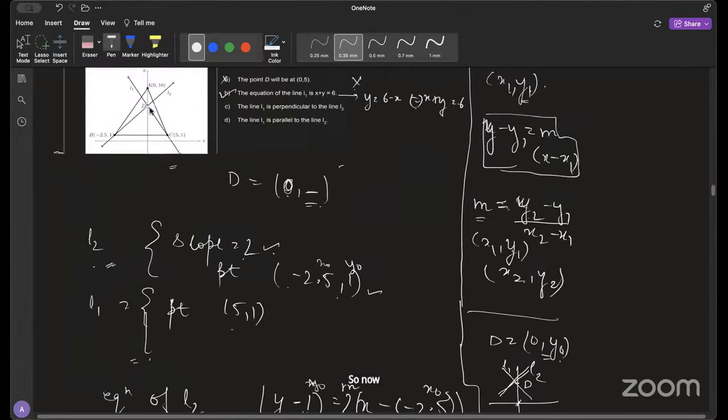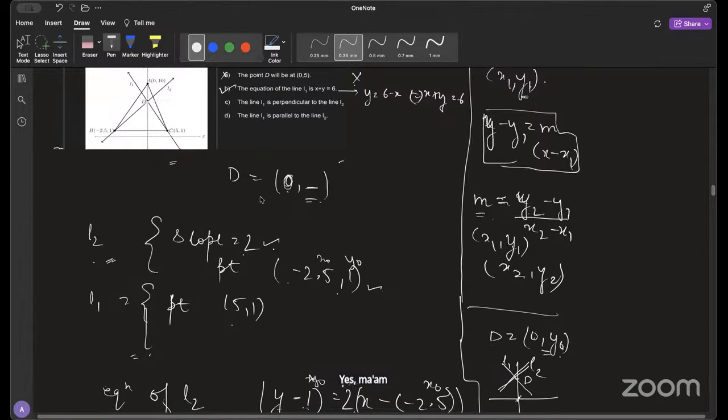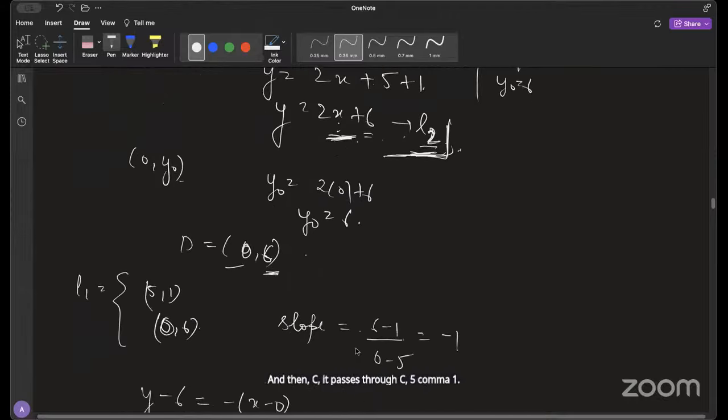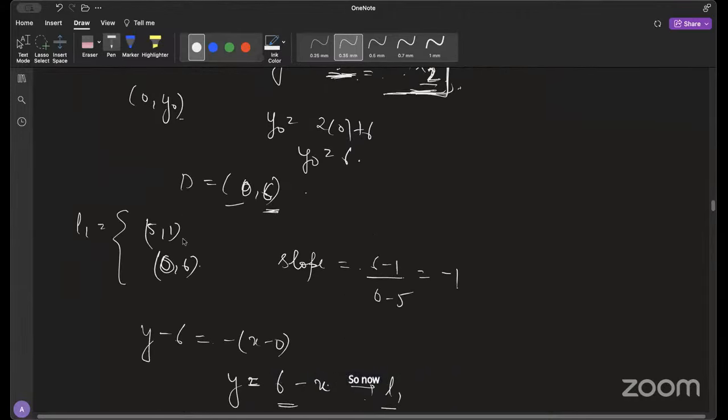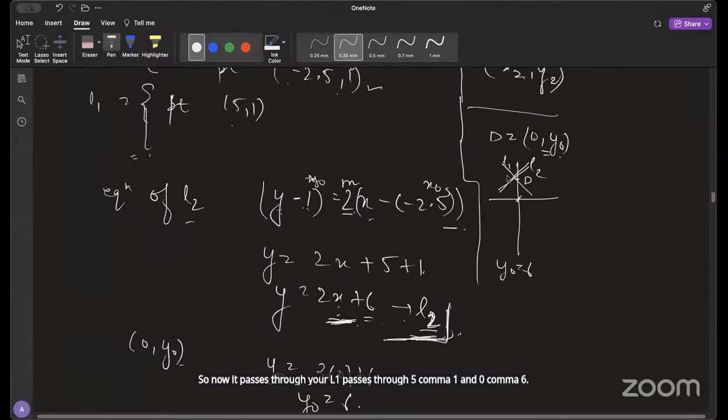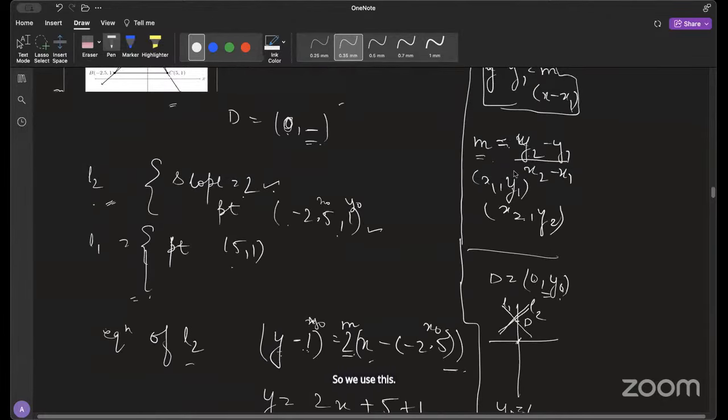So now you know the other point that L1 passes through, which is D point. L1 passes through D, which is 0,6. We just found that out. And it passes through C, 5,1. So now your L1 passes through 5,1 and 0,6. So we use this form.